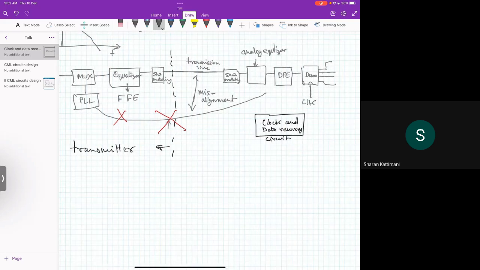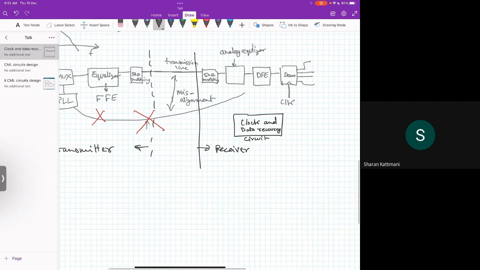Apart from that, on the receiver side we again need a 50 ohm matching circuit, an analog equalizer, a decision feedback equalizer, and a demux.